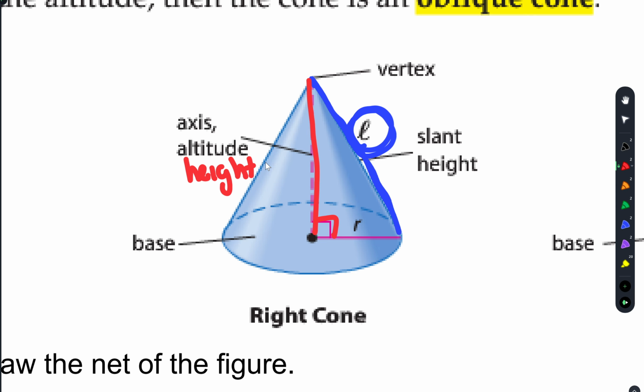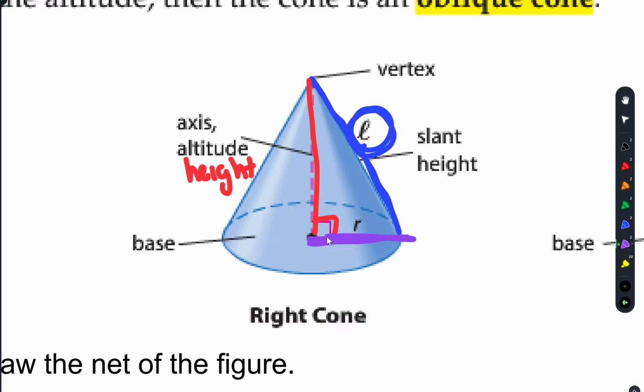If it's a right cone, it might be called the axis, but we're going to focus on that slant height for sure. And then because it has a circular base, we're going to use radius quite often.